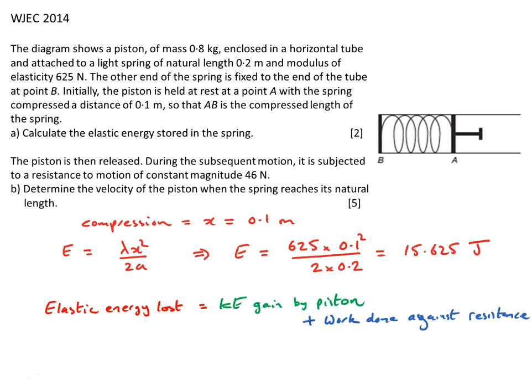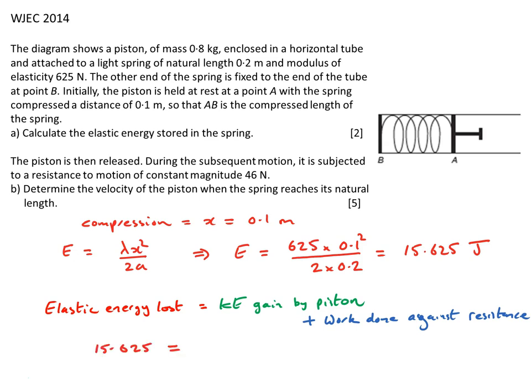When the spring reaches its natural length, there is no compression, there is no extension, so there is no elastic energy in the spring when it's reached its natural length. So the elastic energy lost is the 15.625 joules that we've just calculated.